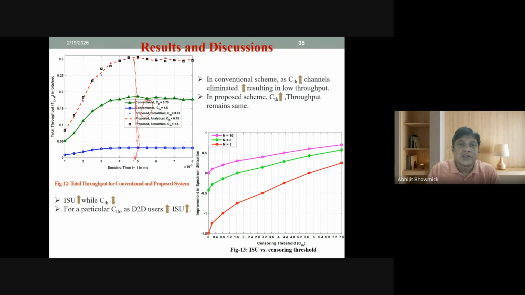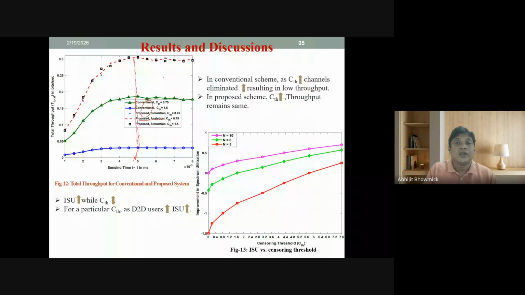In the conventional system, it was initially noticed that if censoring is incorporated, the throughput degrades. Then some algorithms were proposed, through which we received this result. This is the proposed analytical approach, through equations, and these black lines are simulations.